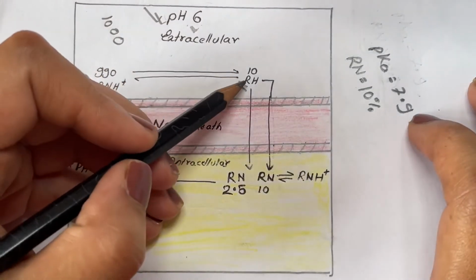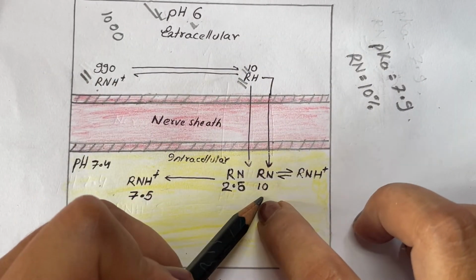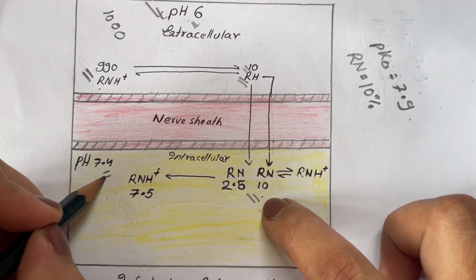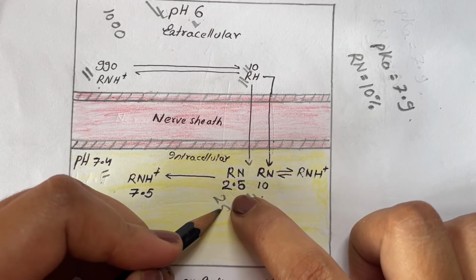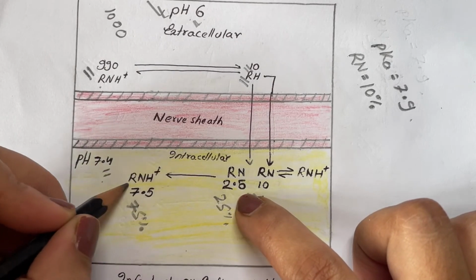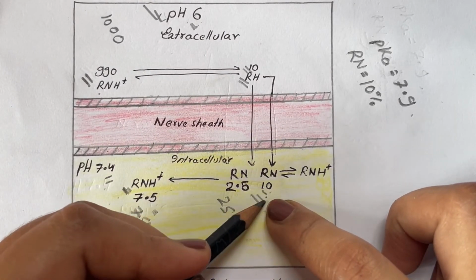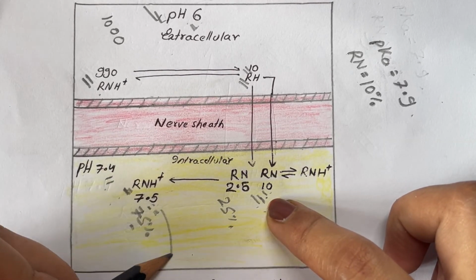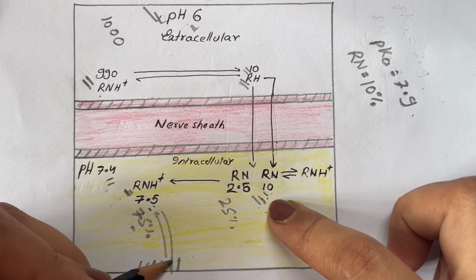In this way only 10% diffuse through the nerve sheath, and only 10% reach the intracellular area. In the intracellular area the pH is normal, that is 7.4, so 25% remain as the free base form and 75% change into the cationic form. 7.5 is 75% of 10, which means only 7.5 molecules are going to bind to the ion channel.